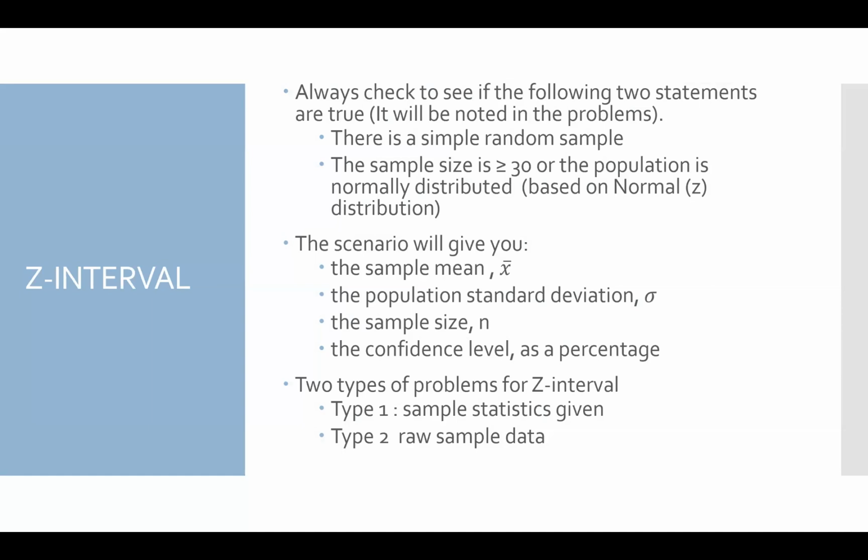They may or may not tell you the sample mean or the sample size, but with the raw data, I can figure those things out because I learned way back in Module 1 how to calculate the mean, the median, the mode, the standard deviation, and so forth for my data. So I know how to do that, and Minitab does that for us.